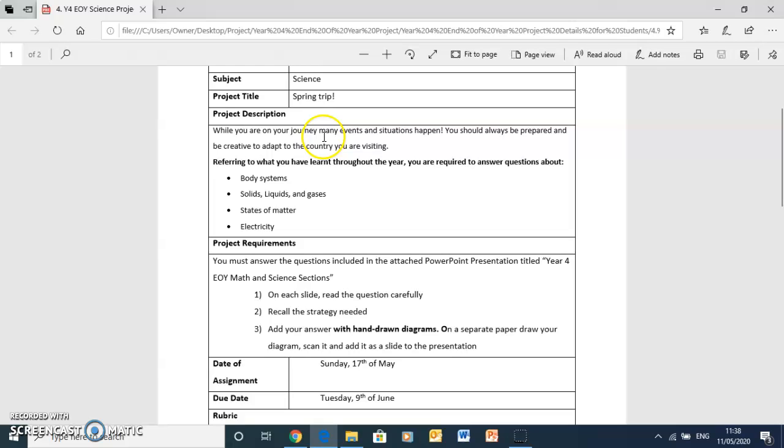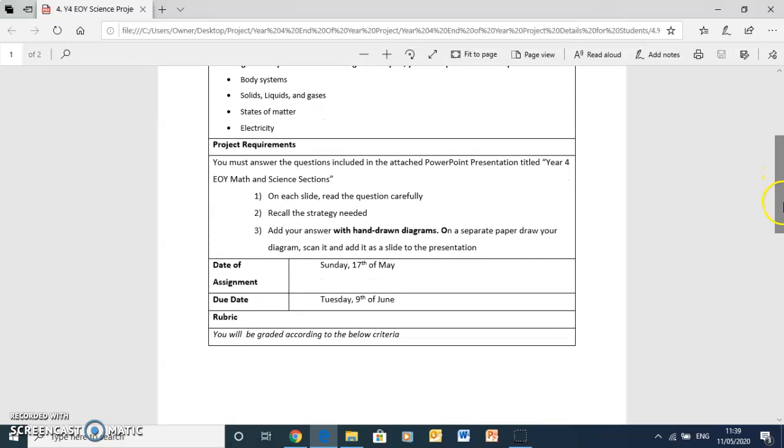While you are on your journey, many events and situations happen. You should always be prepared and be creative to adapt to the country you are visiting. Referring to what you have learned throughout the year, you are required to answer questions about body systems, solids, liquids, and gases, states of matter, and electricity.